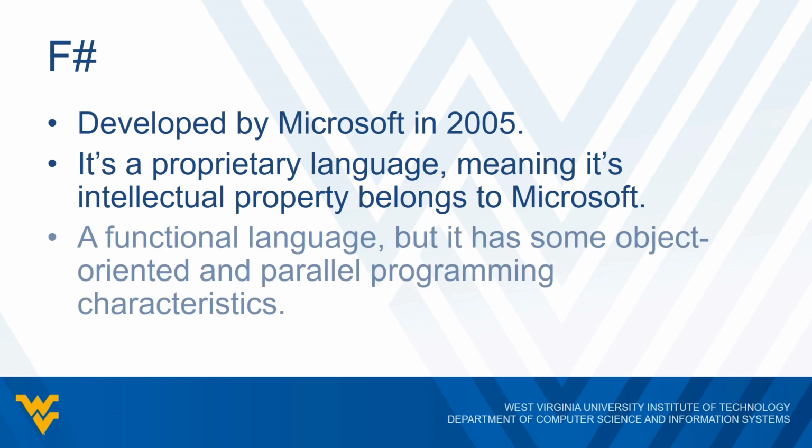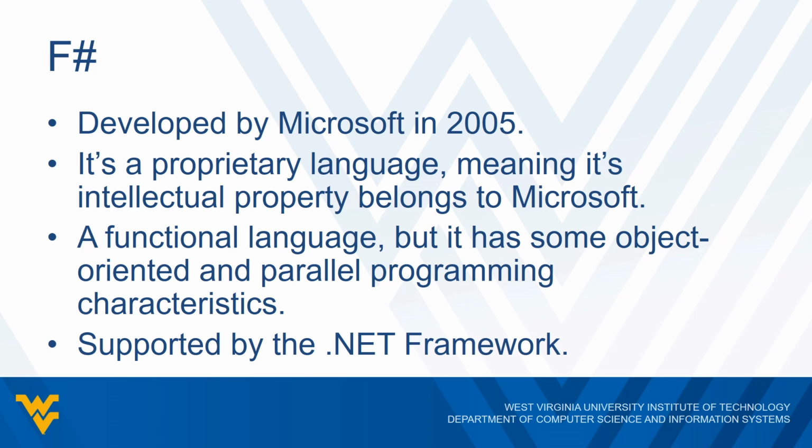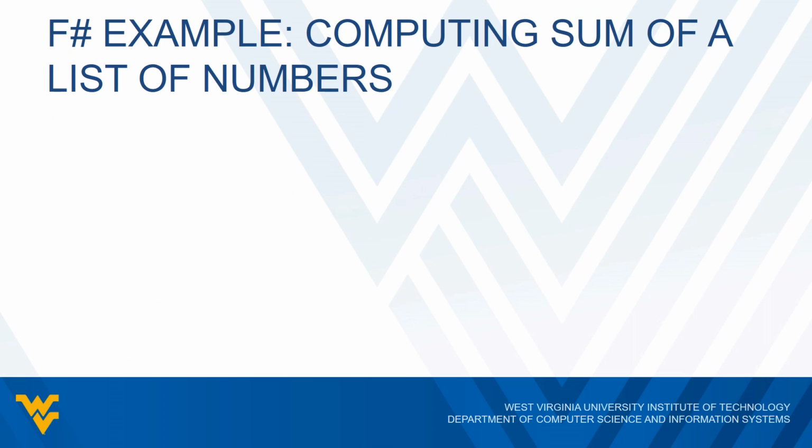Now, it is primarily a functional language, although it does have some object-oriented characteristics and some parallel programming characteristics. And because it is supported by the Microsoft .NET framework, it has access to all of the common libraries of .NET.